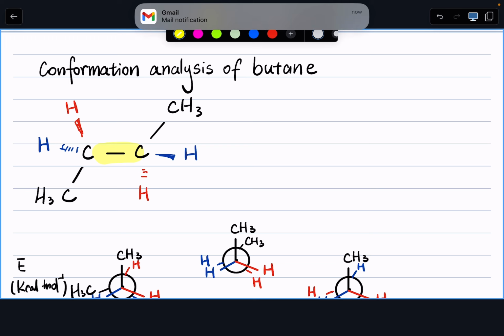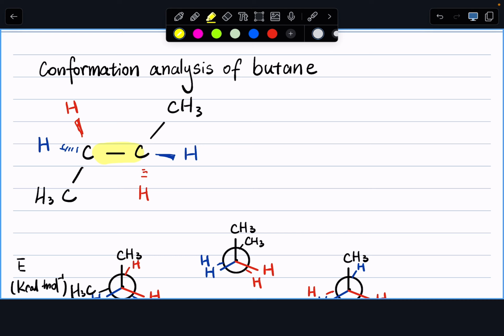And in here, this gauche conformation, the staggered conformation, will have the same energy as the previous one. They're effectively the same energy. They're the same kind of interaction. And rotating it another 60 degrees, we get it to the top eclipsed conformation.